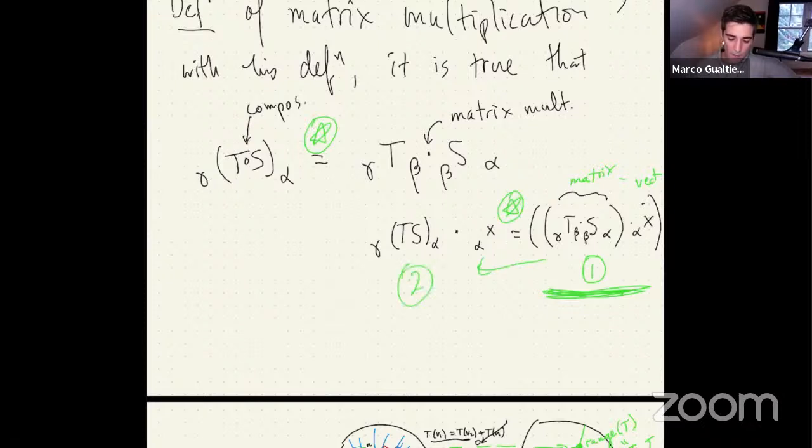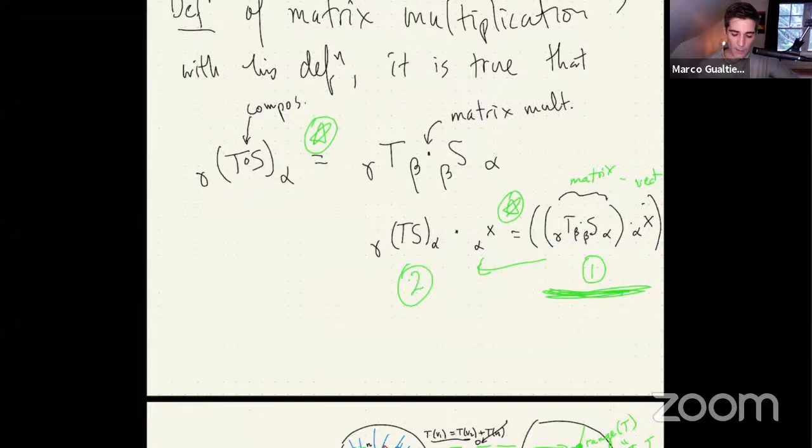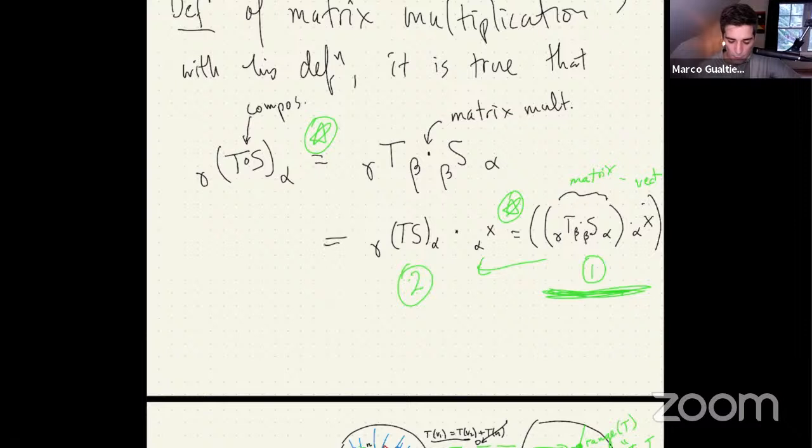So I've expressed this as TS matrix multiplied by X. Then this is the third step. I'm going to use star again, but on this multiplication.